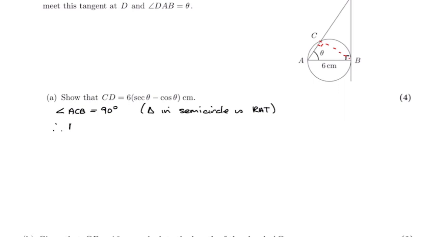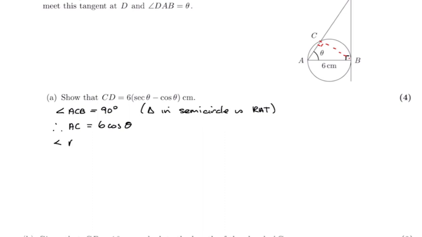Therefore AC equals 6 cos theta, and that's basic trigonometry. Cos theta is adjacent over hypotenuse, and therefore AC is 6 cos theta.